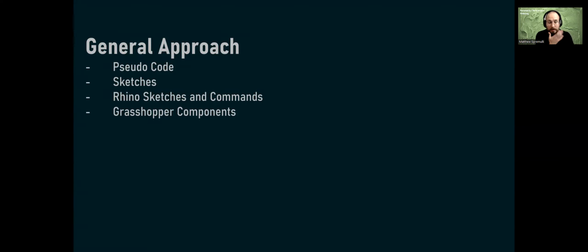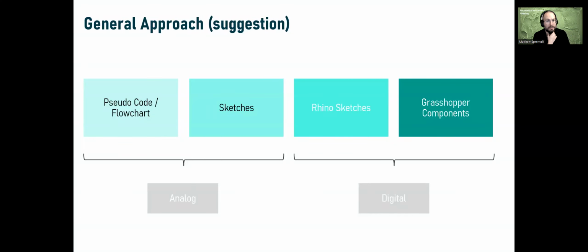Today, I am going to share that particular method of an approach, which is to start with pseudocode, sketches, Rhino commands, and Grasshopper components. This suggestion basically flows from left to right. You would start with pseudocode and flowchart, then go into sketches before even going into the computer.